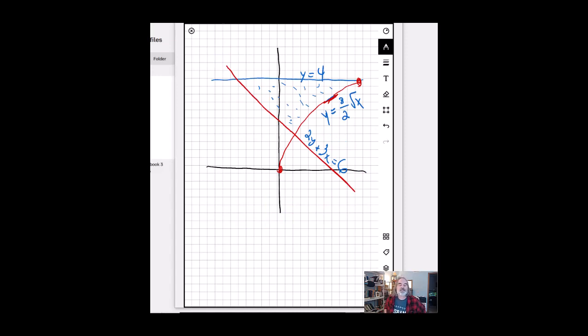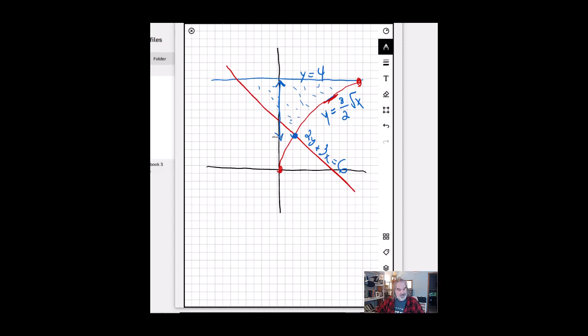Okay, so this is still kind of sloppy, but it's cleaner than the mess that I made of the previous picture. So what we're going to do is we're going to find the area of this region by integrating with respect to y. And again, remember that means we're going to cover this entire region by walking up and down the y-axis and integrating the upper function minus the lower function.